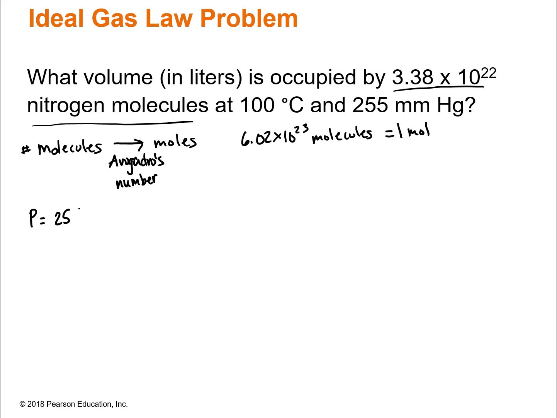Your pressure is 255 millimeters of mercury. That's not atmosphere. So you need to convert that to atmospheres. There are 760 millimeters of mercury in 1 atmosphere.